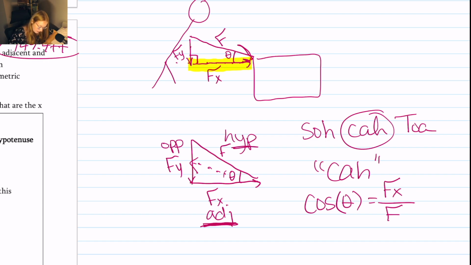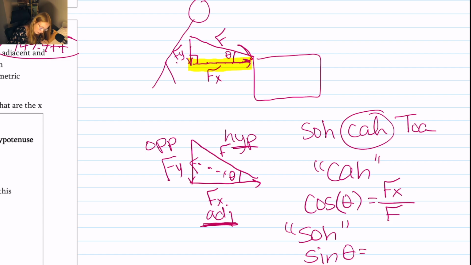Let's go ahead and set up for the opposite, the Fy. So if you're looking for opposite in hypotenuse, that would be sine. And opposite goes first. Let's use Fy.